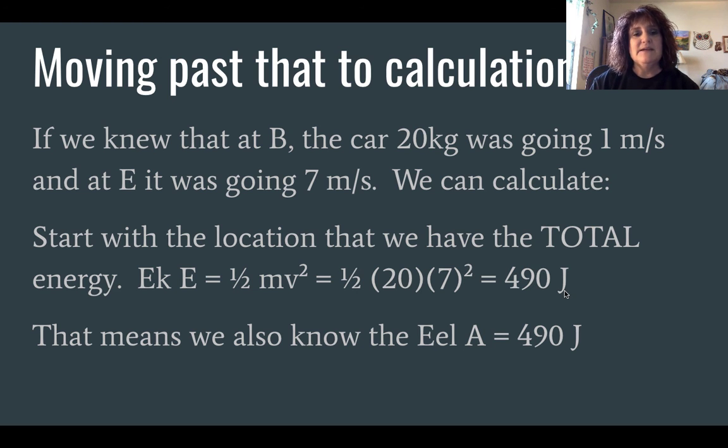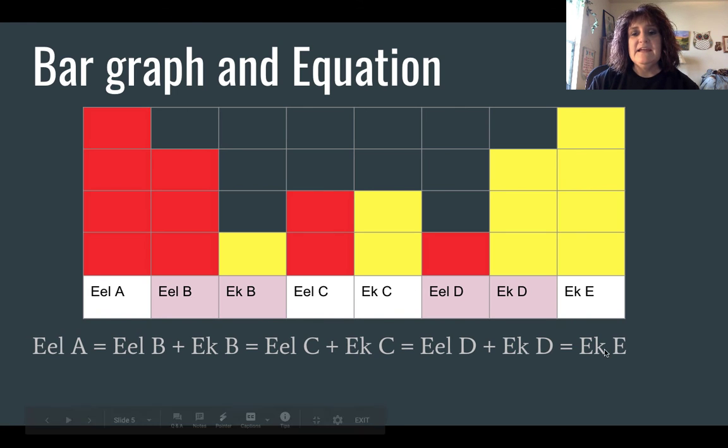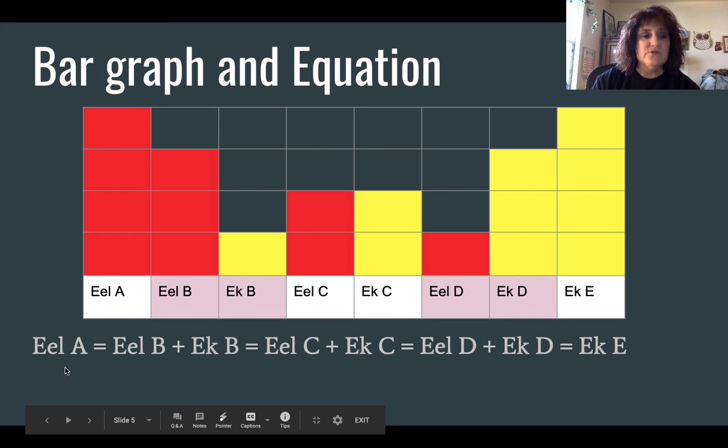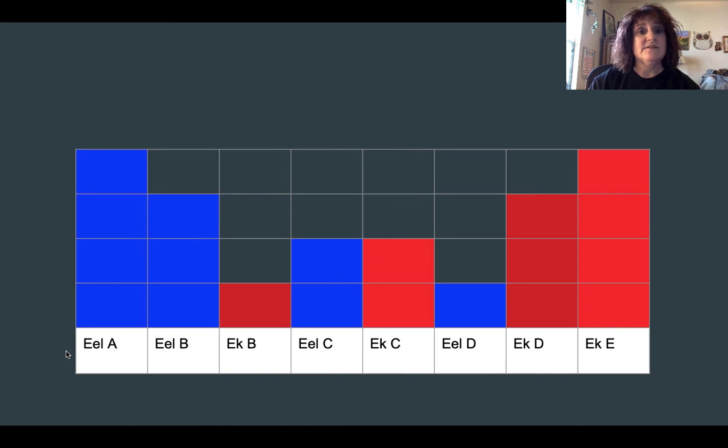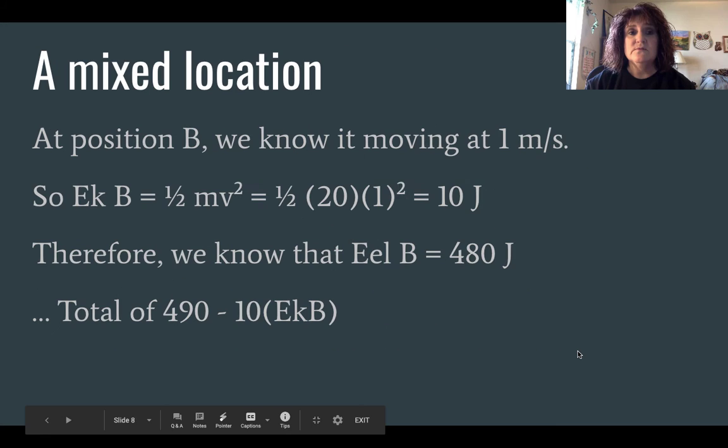That means, based on that energy equation, the EK at E is equal to the EEL at A. That's what those equal signs mean. They're the same. So we also know the EEL at A is 490 joules.